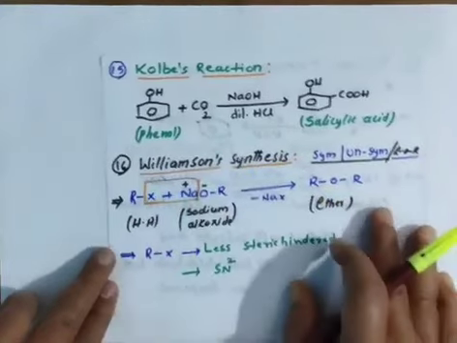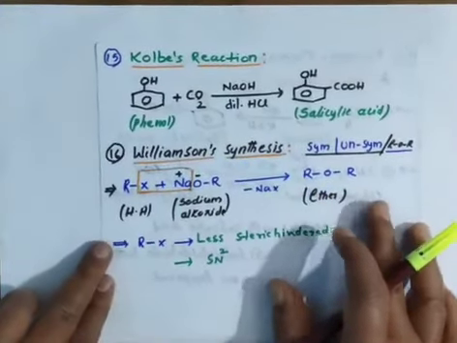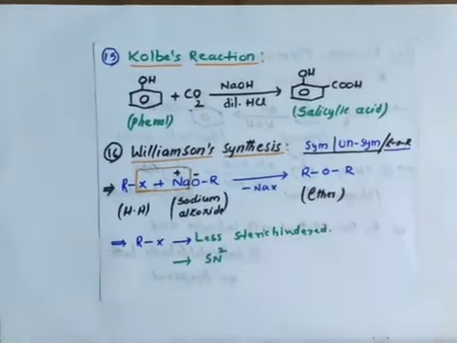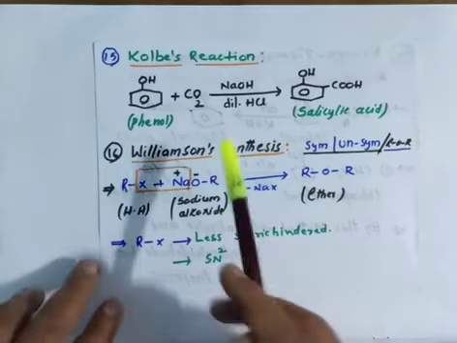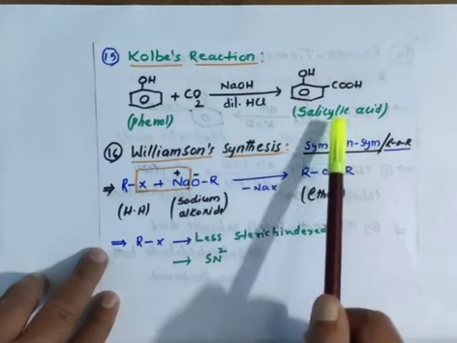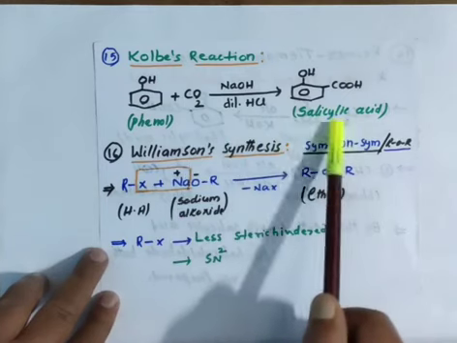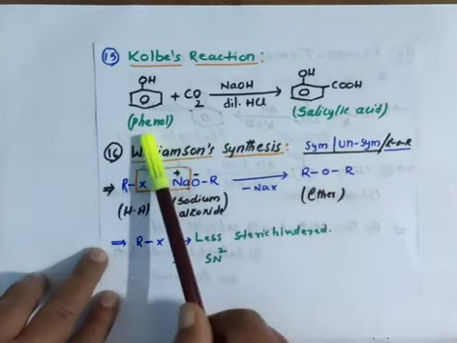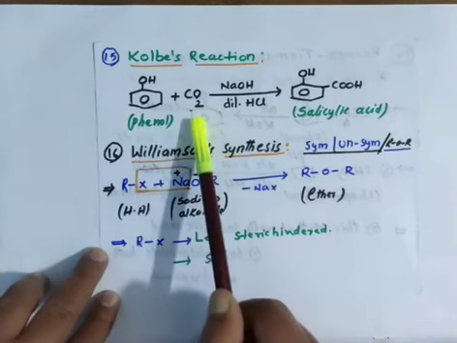Next, another important named reaction, which we are learning in first PUC as well as second PUC, that is Kolbe's reaction. By Kolbe's reaction, what we are preparing? Salicylic acid, like in Reimer-Tiemann reaction. So phenol is treated with carbon dioxide.